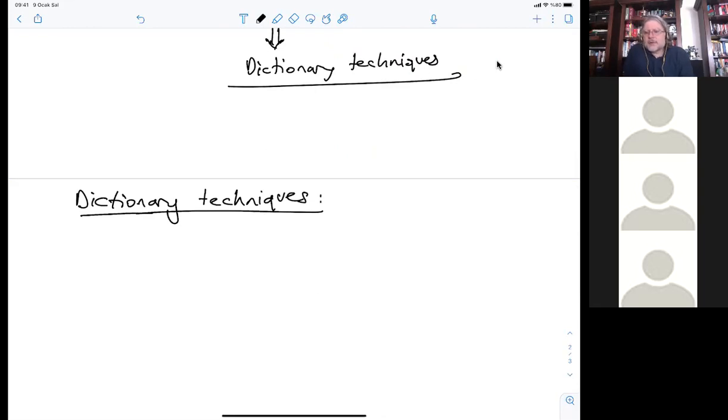Now, the dictionary techniques are many. If you take a look at the books that I have mentioned, you will see a lot of very nice techniques for compression of lossless data which has some kind of a structure, like the language itself.